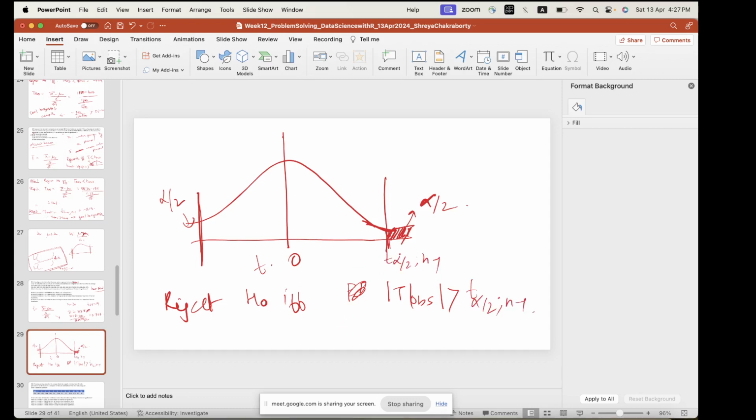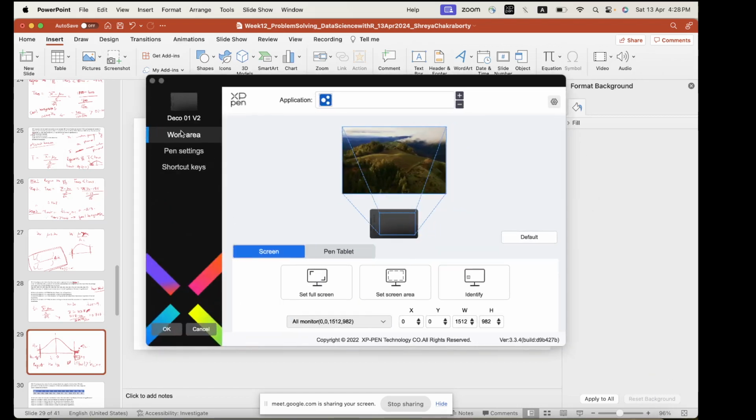Anything associated with alpha like this means that the area above that point is whatever is mentioned over here. So this point is actually t 1 minus alpha by 2, and this is the degrees of freedom.